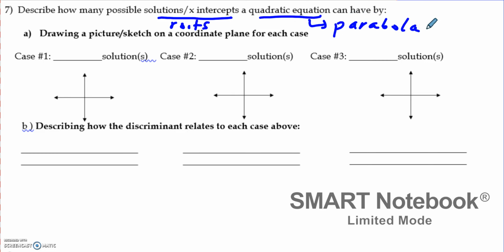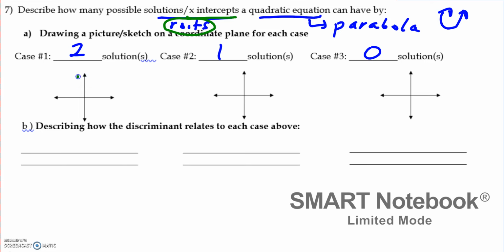If you're drawing any kind of parabola, there's really three situations because x-intercepts have to cross the x-axis a certain amount of times. The parabola could cross twice, it could cross the x-axis once, or it could cross the x-axis never, or 0 times.